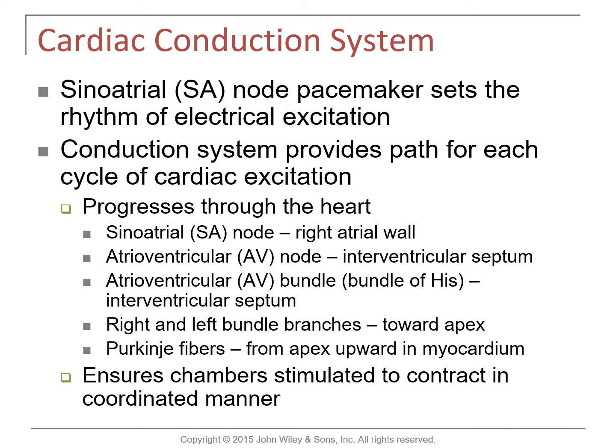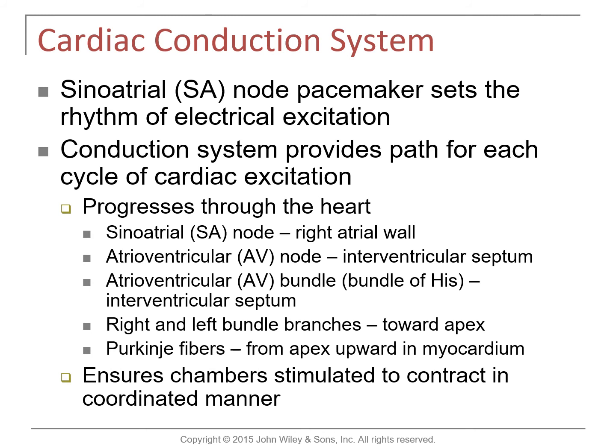So let's look at the pathway for the progression of the signals through the heart. The signals originate with the spontaneous depolarization in the sinoatrial node, which is located in the right atrial wall. The depolarization wave or the action potential will then pass quickly through the cells of the atria via those gap junctions, causing the cells of the atria to contract together.